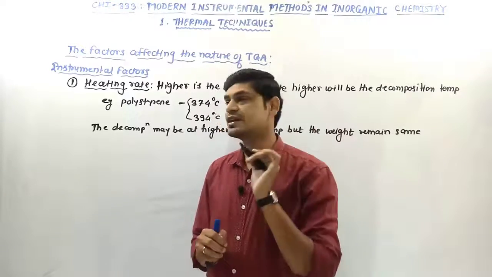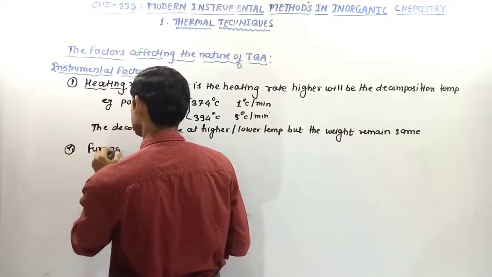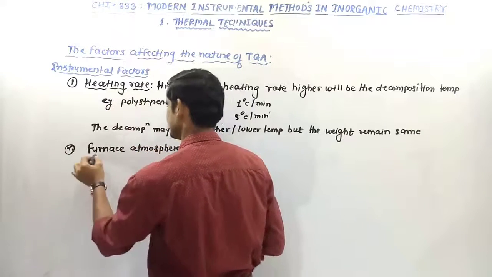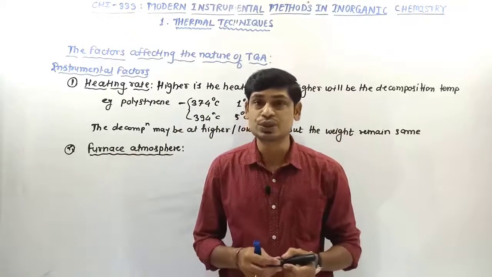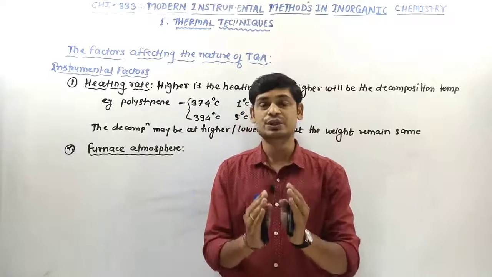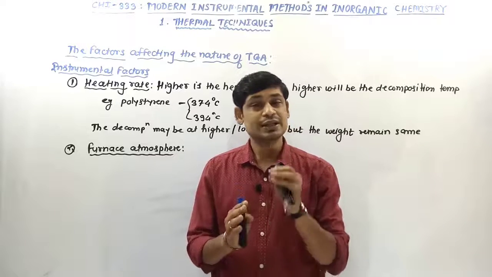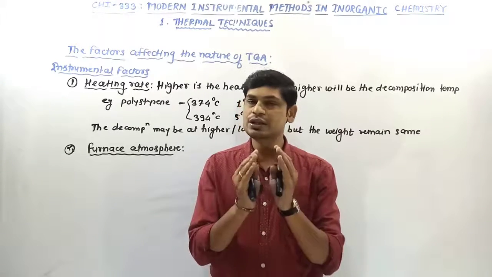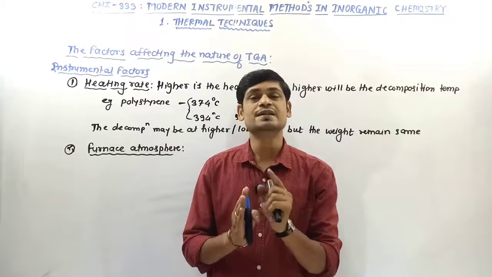Second is the furnace atmosphere. In the instrumentation, we saw that the atmosphere controller is one of the important components. The role of the atmosphere controller is to control the atmosphere inside the furnace, because the atmosphere inside the furnace will affect the temperature, and therefore we should maintain it.